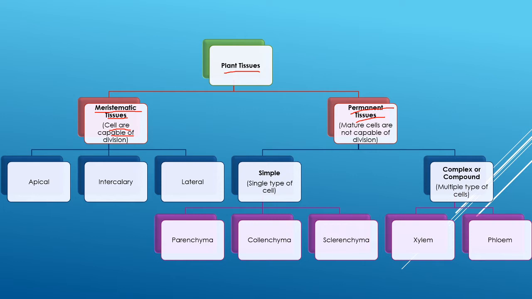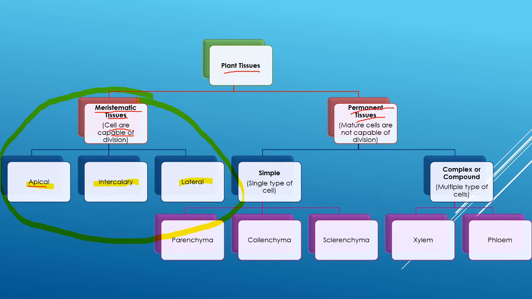There are majorly three types of meristematic tissues: apical meristem, intercalary meristem, and lateral meristem. These are located in three different parts of the plant stem. In this video we will be discussing only this much, and in our next videos we will be discussing the permanent tissues and other tissues like animal tissues also.